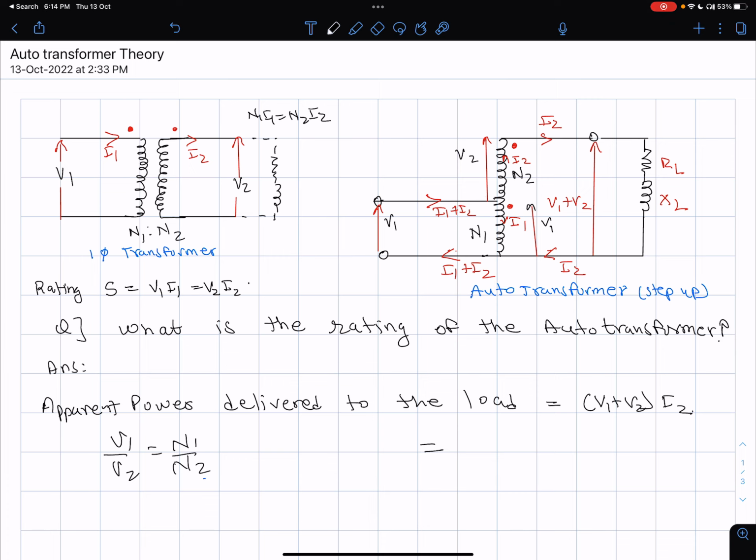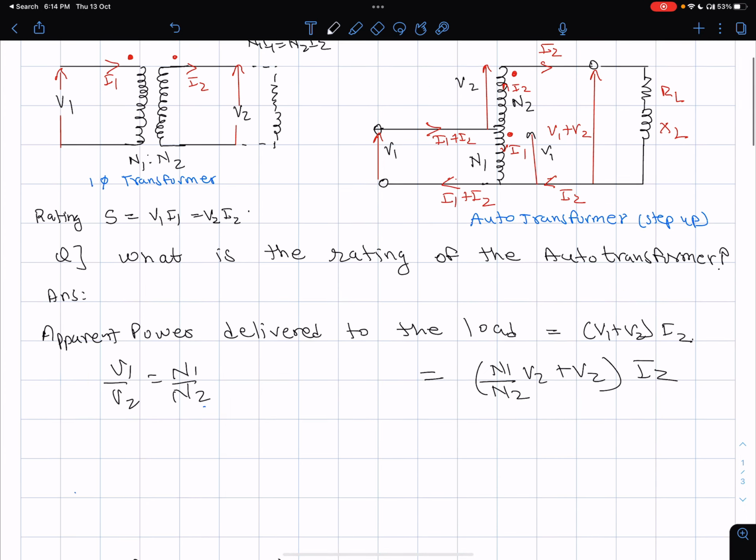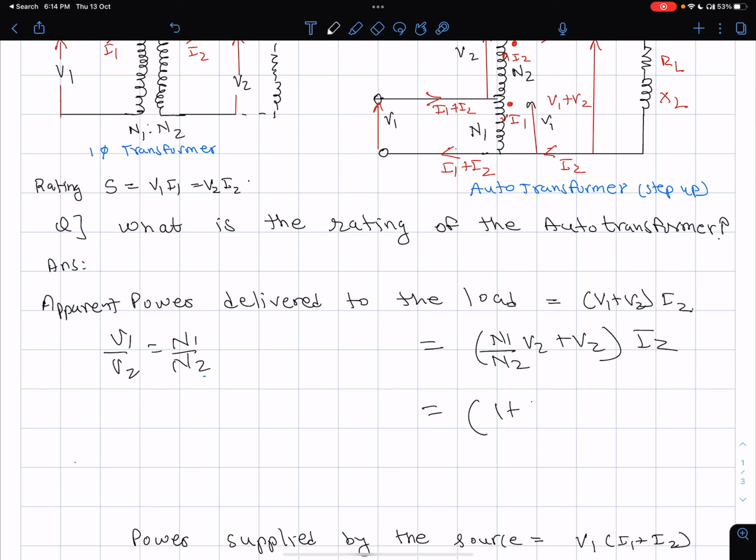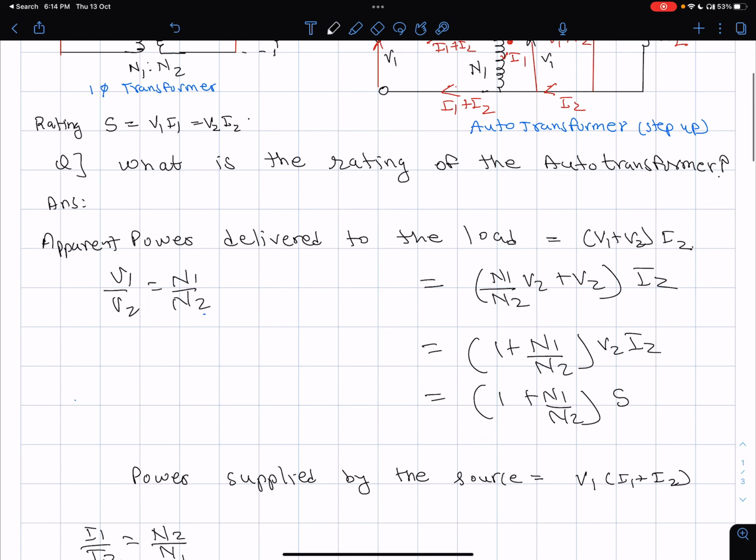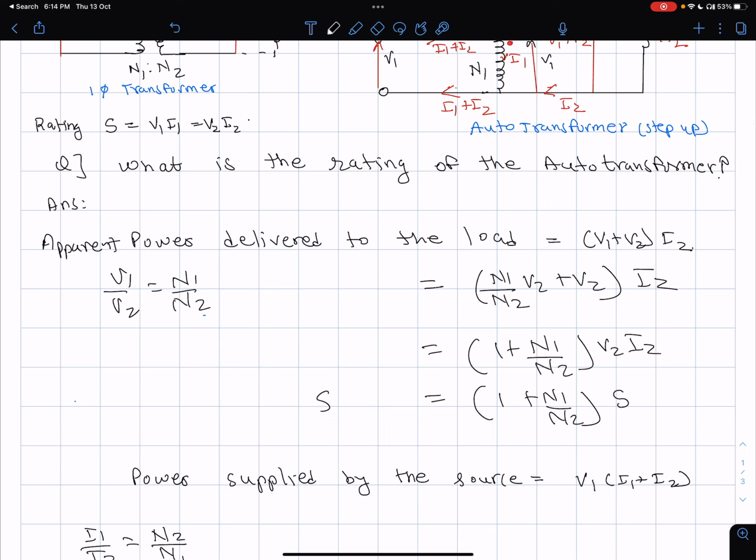So for V1 I am going to write N1 by N2 times V2, plus V2, times I2, which is the same as 1 plus N1 by N2 times V2 I2, which is nothing but the rating of each of the windings, which is S. So therefore the power coming out of this transformer is 1 plus N1 by N2 into S.